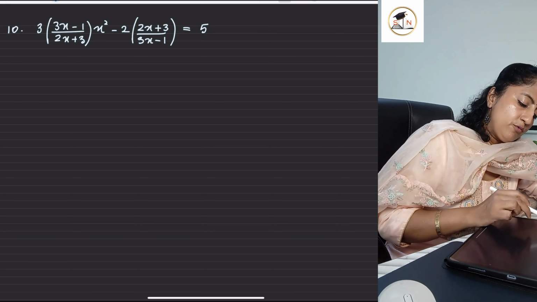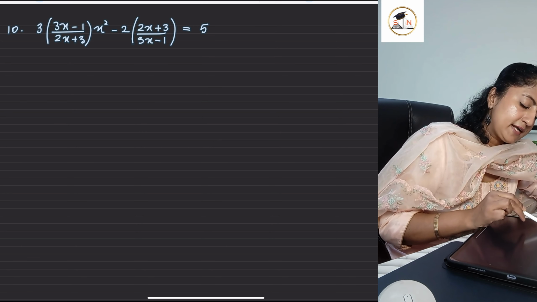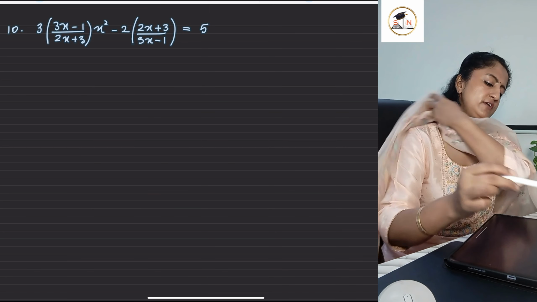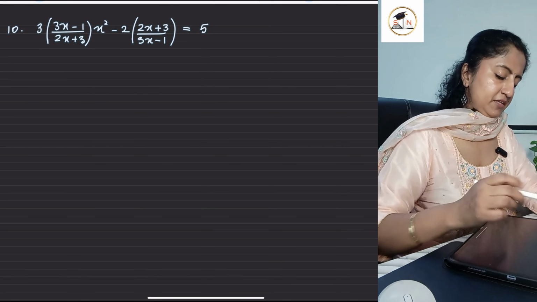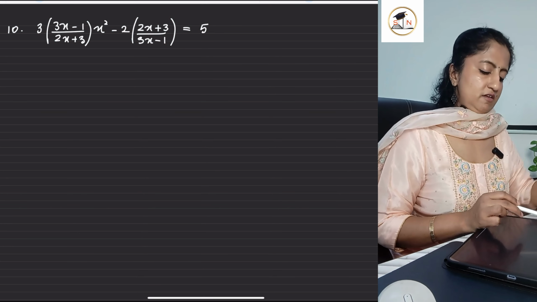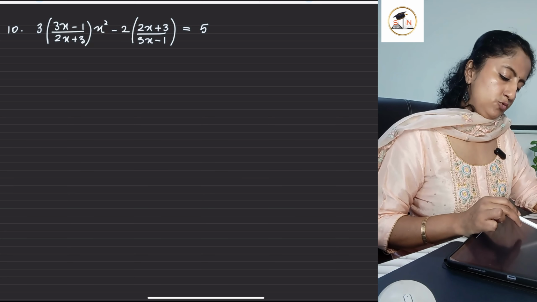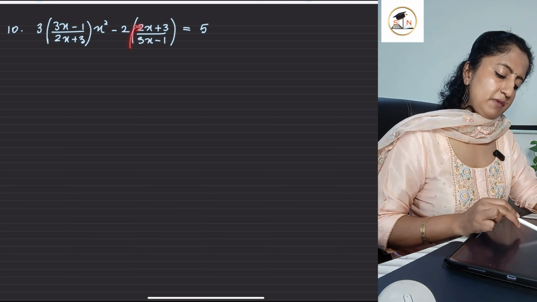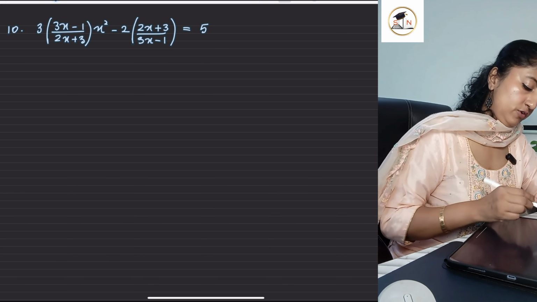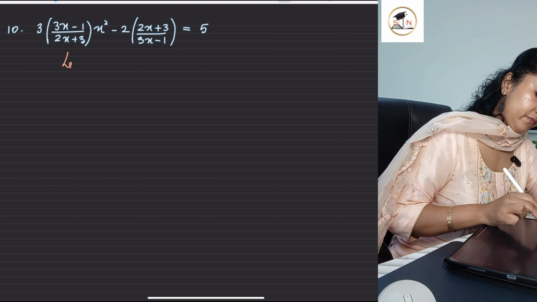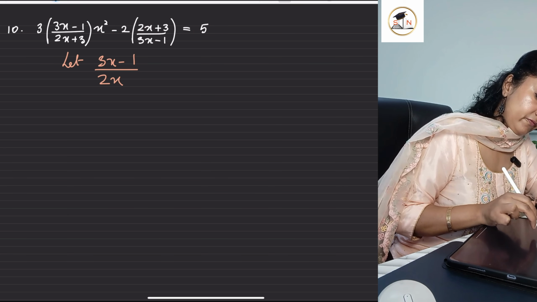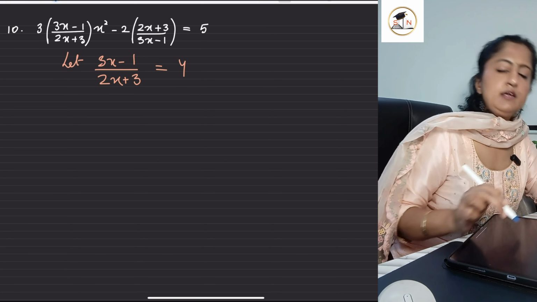How? If you see over here, the bracket expressions are the same, just the reciprocals of each other. The first one says 3x minus 1 upon 2x plus 3, whereas in the other one, 2x plus 3 goes on top and 3x minus 1 comes in the bottom. So what we will do over here, let 3x minus 1 over 2x plus 3 equal y. I'm taking y.